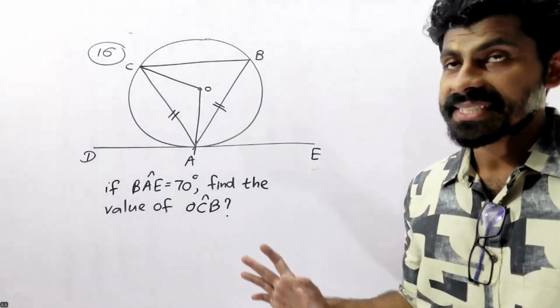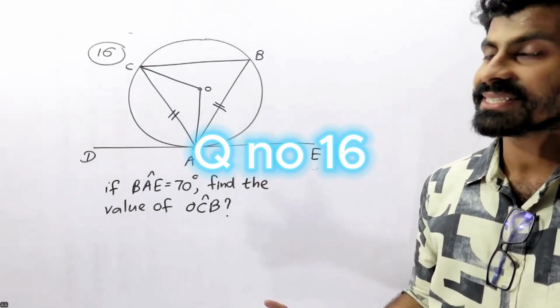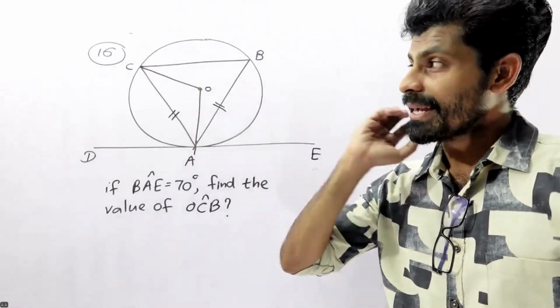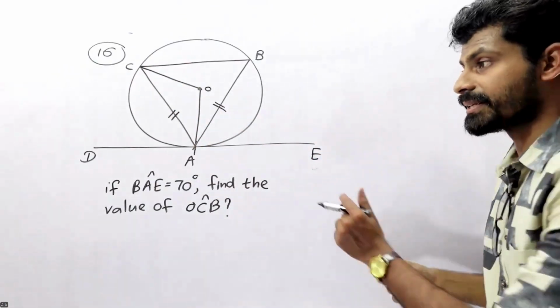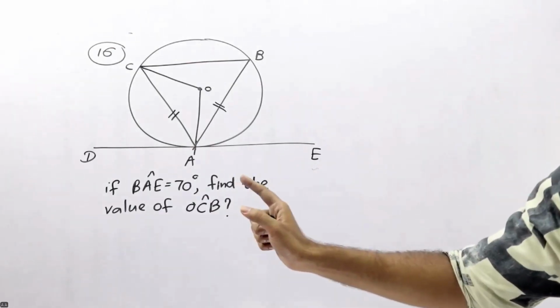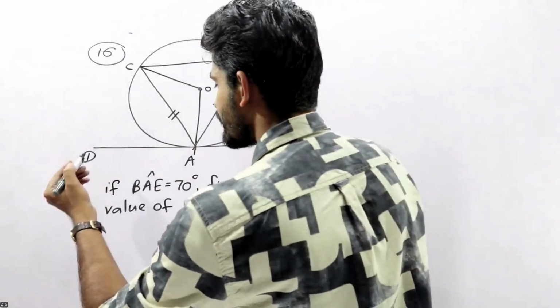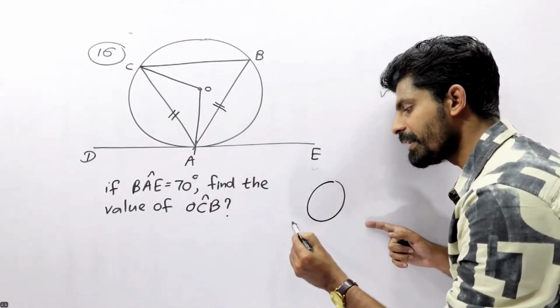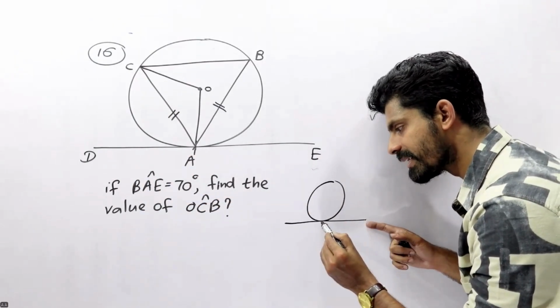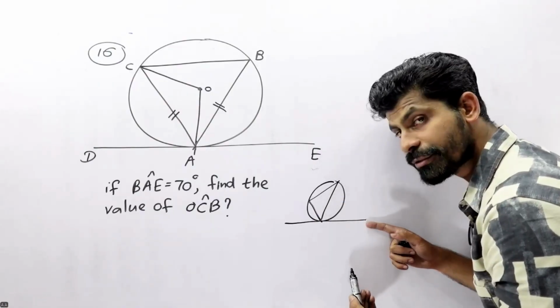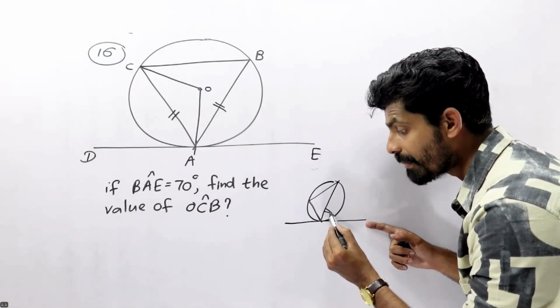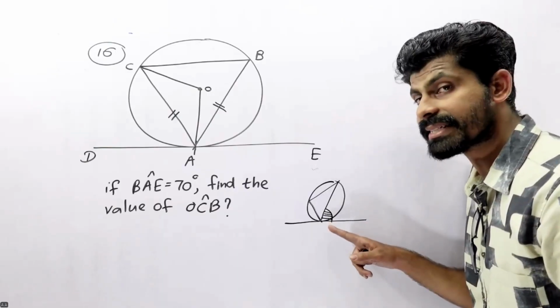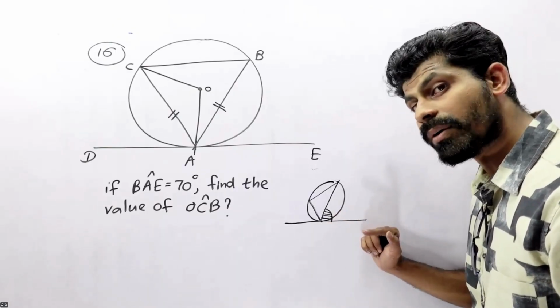Question number 16, look at this one. There is a very important theorem. They have given that DE is the tangent. If you draw a tangent to the circle, there is the angle in the alternate segment.